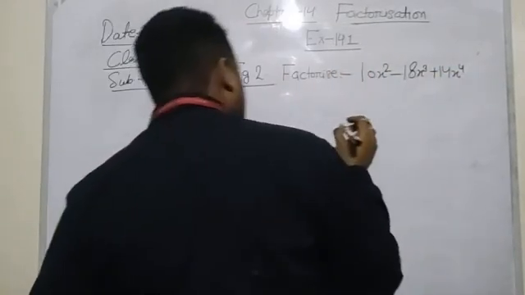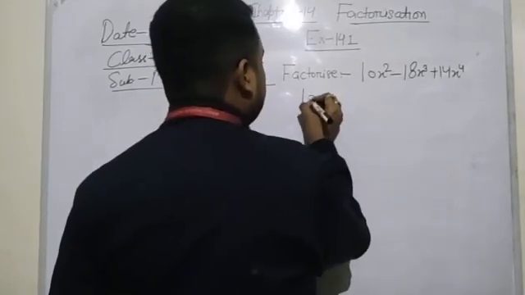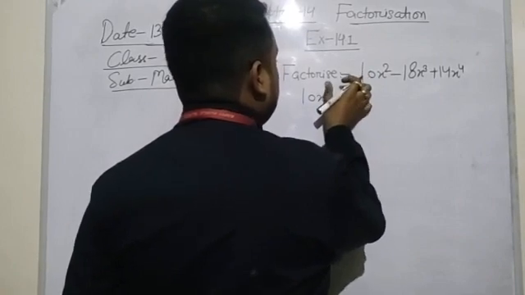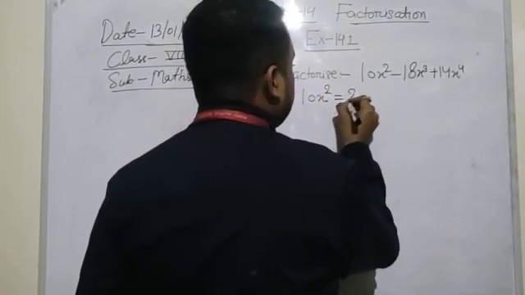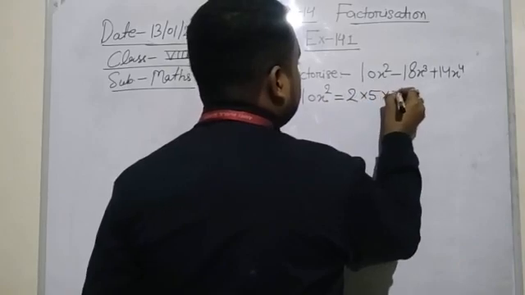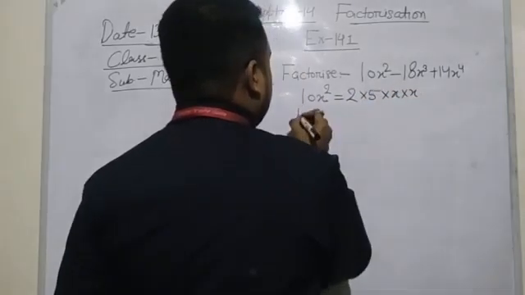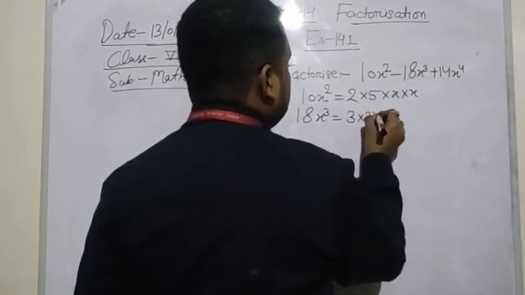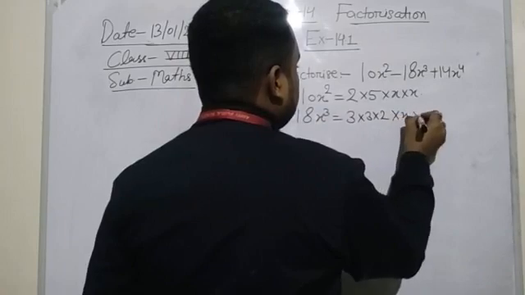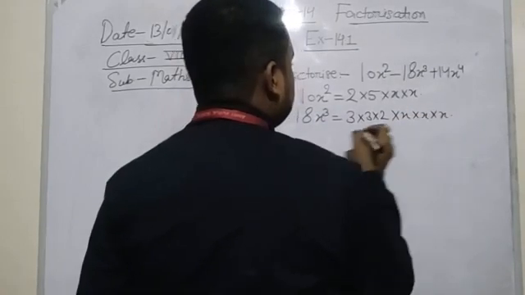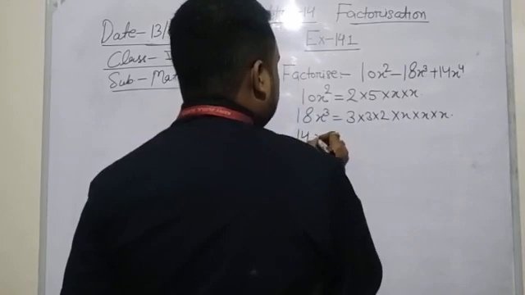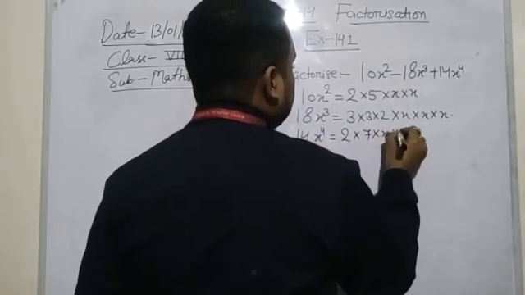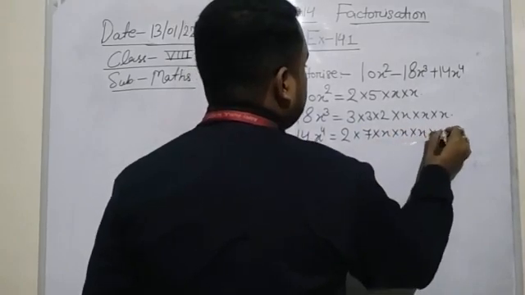Now when we factorize it, we have 3 terms here. 10x square can be written as 2 into 5 into x into x, and 18x cube can be written as 3 into 3 into 2 into x into x into x, and 14x to the power 4 can be written as 2 into 7 into x into x into x into x.